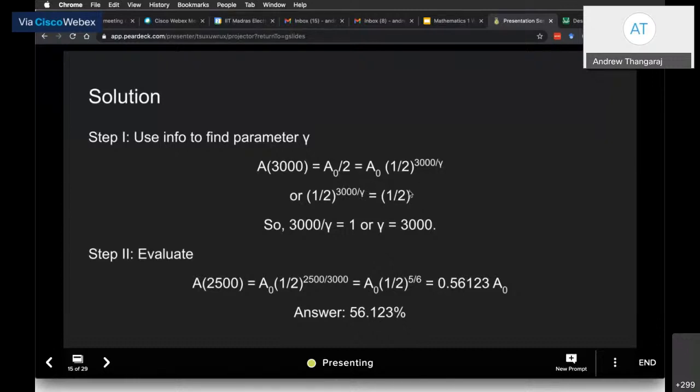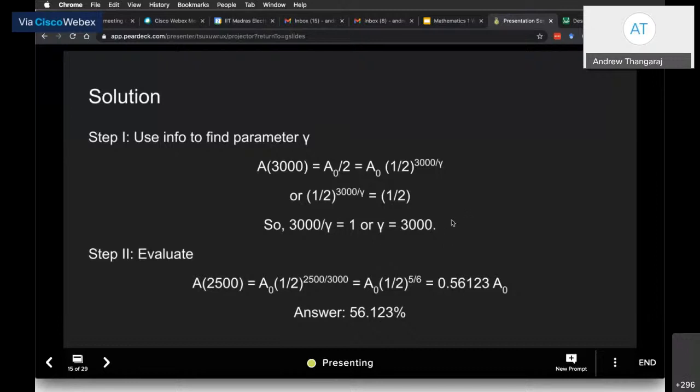On the right hand side, I have 1. So half power 3000 by gamma equals half power 1. For this to be true, 3000 by gamma has to be equal to 1. That's the same as gamma equals 3000.